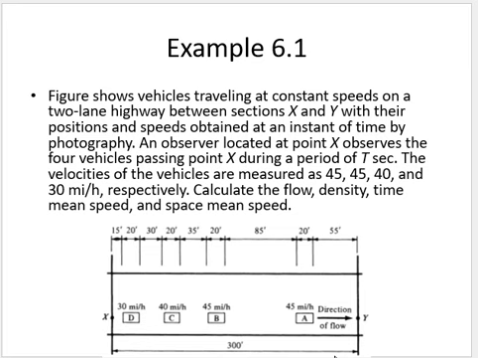Do we know T? Do you have the value of T here? Look at the question.